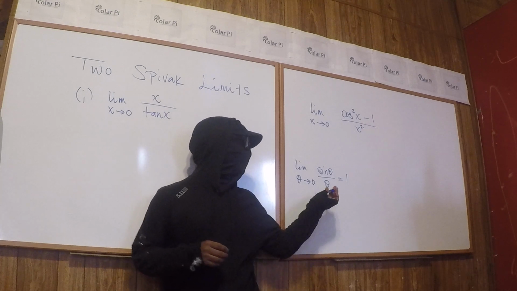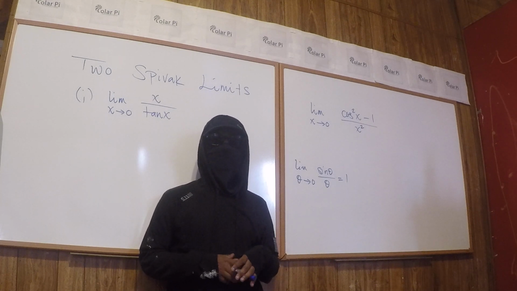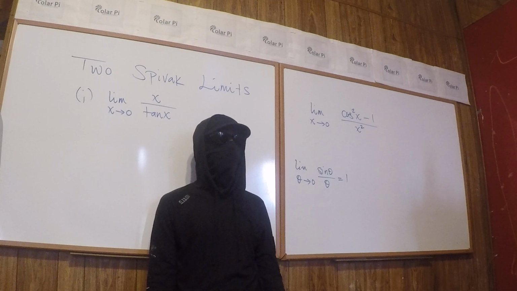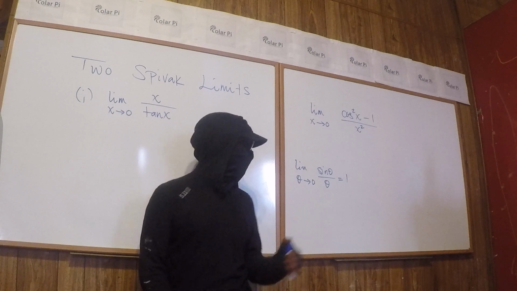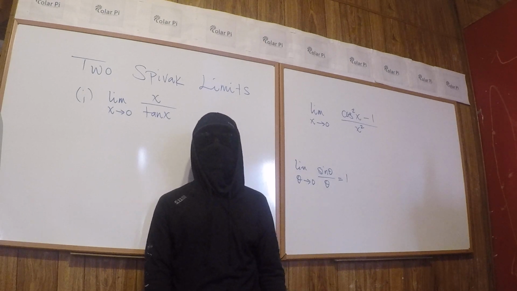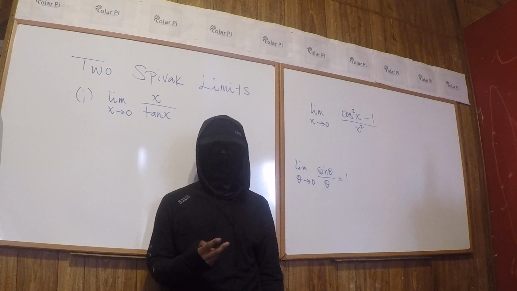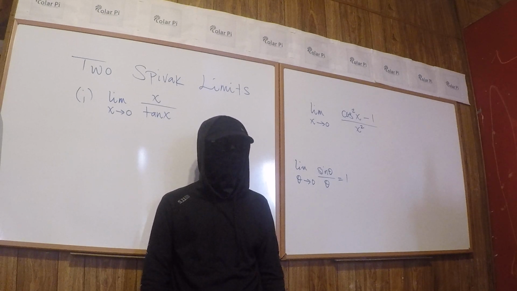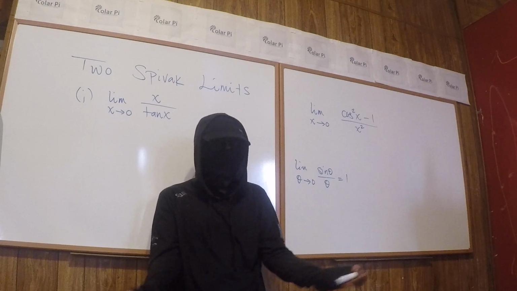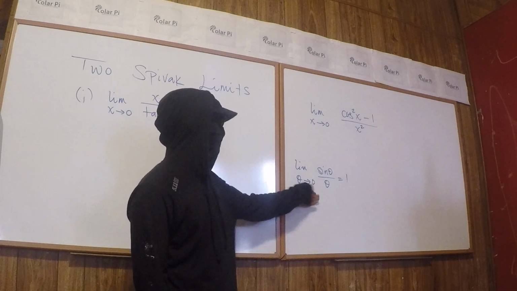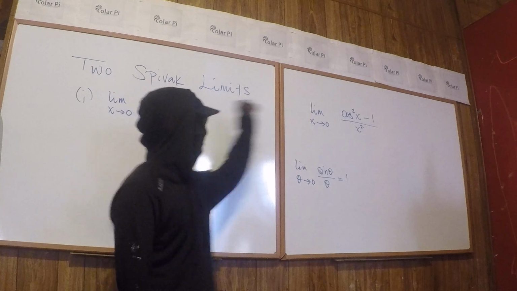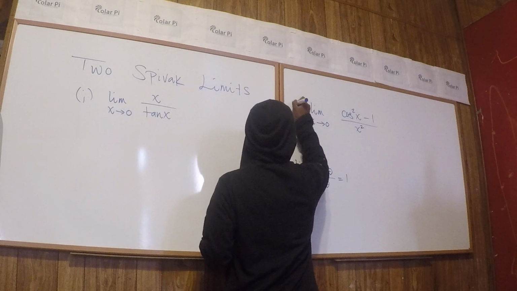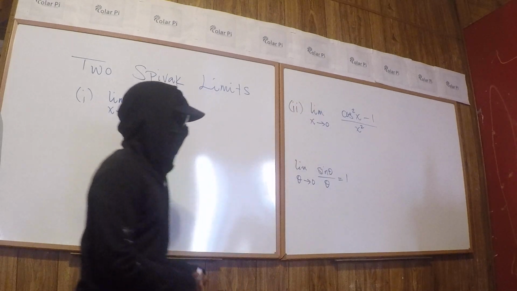Now, I have proved this limit in 2 different videos, so check that out, but we're going to make use of this limit in both this and this. And since Spivak has used Roman numerals to number these, there.